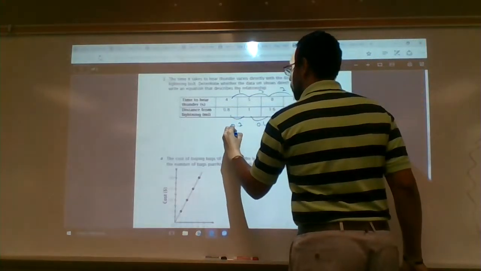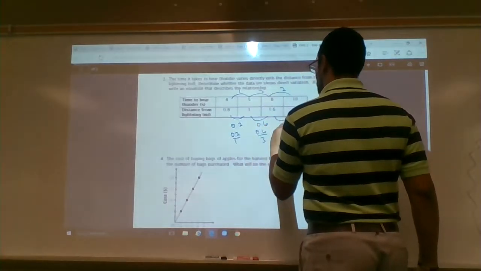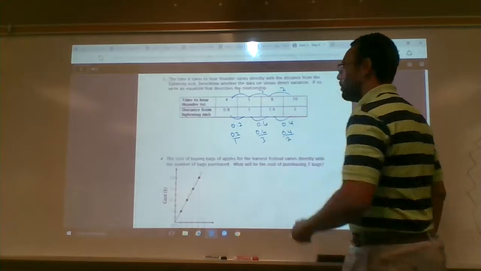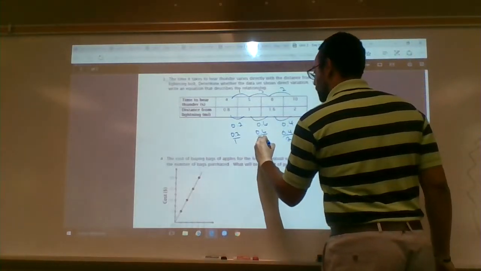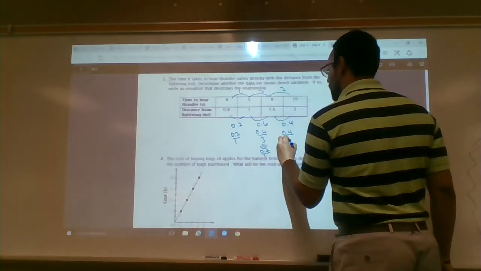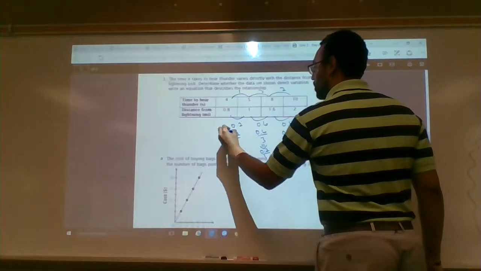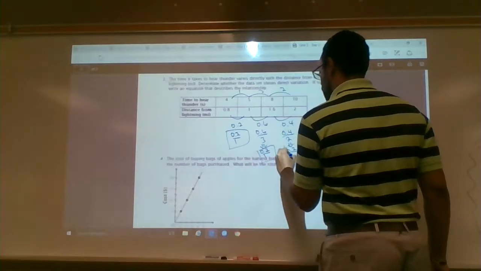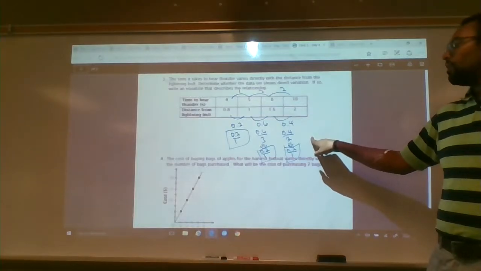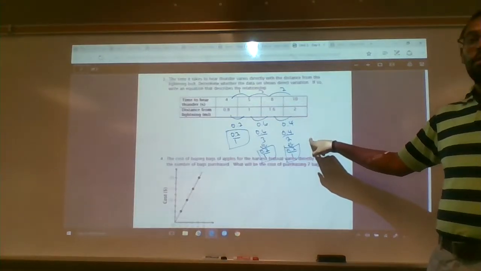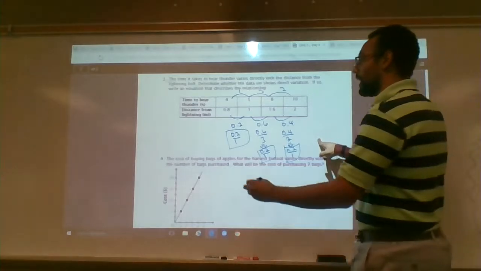So our first ratio is 0.2/1. Our second ratio is 0.6/3. Our third ratio is 0.4/2. We can simplify these two. So this simplifies to 0.2/1. This simplifies to 0.2/1, which shows that it is a constant rate of change, as well as we have a constant of variation or a constant of proportionality, which is our k.